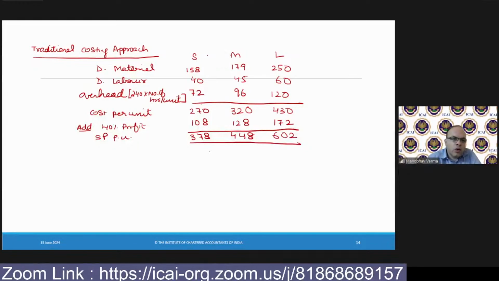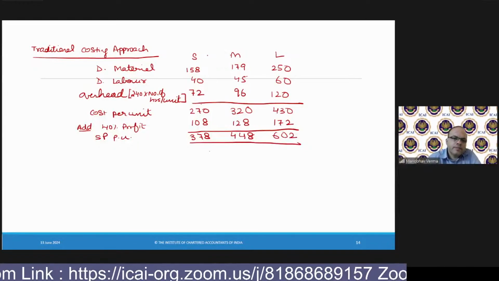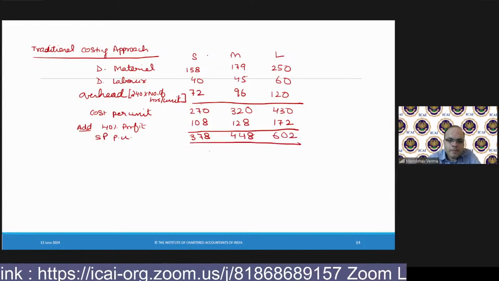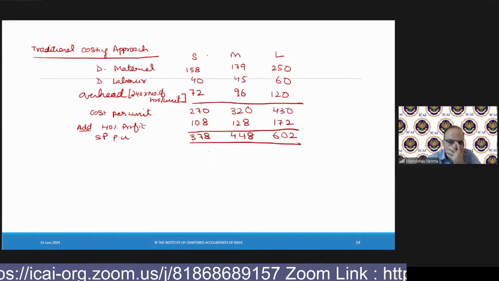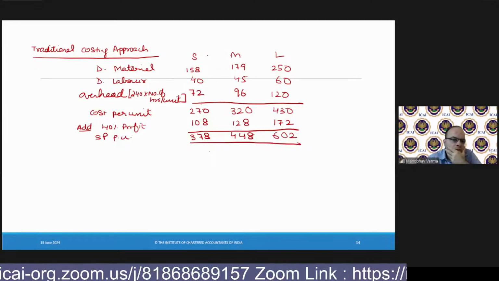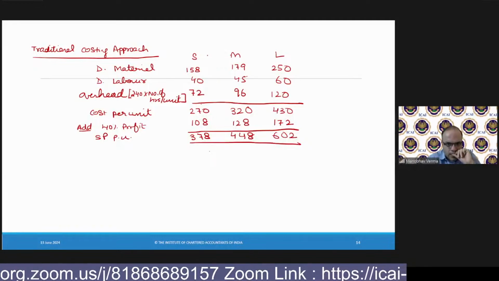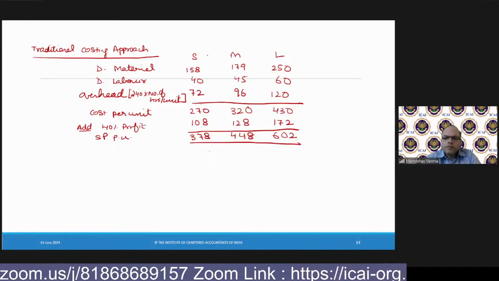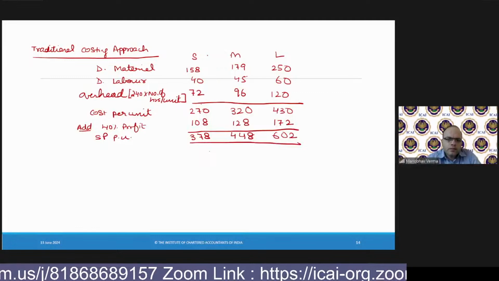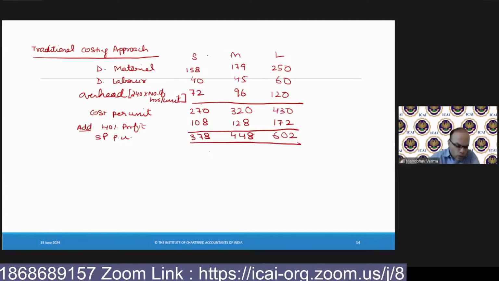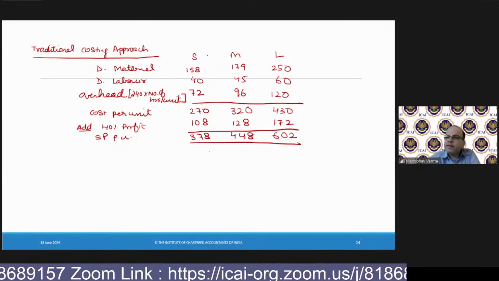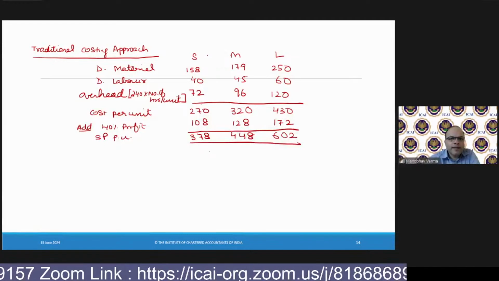Any doubts so far? All doing good, guys? We will now be moving on to the activity-based costing approach, but need a confirmation.